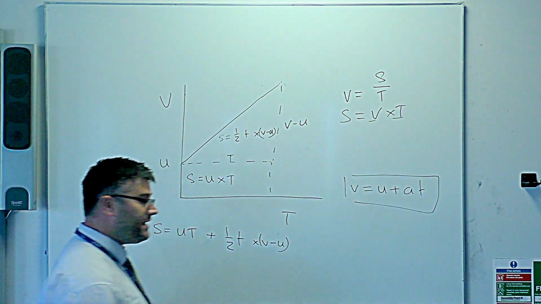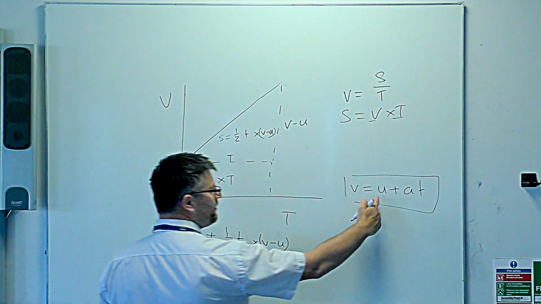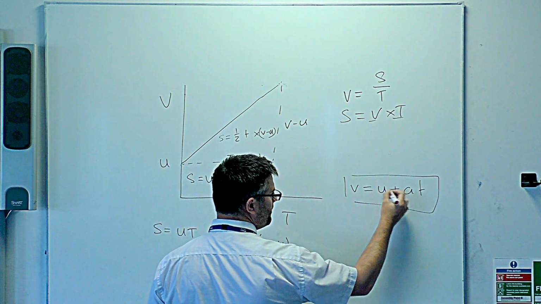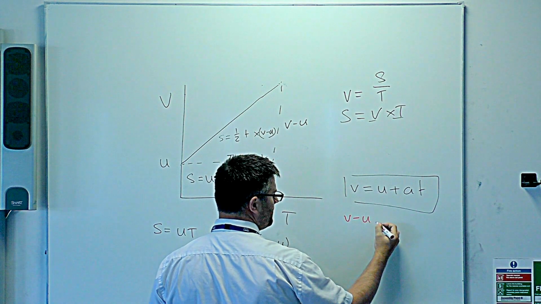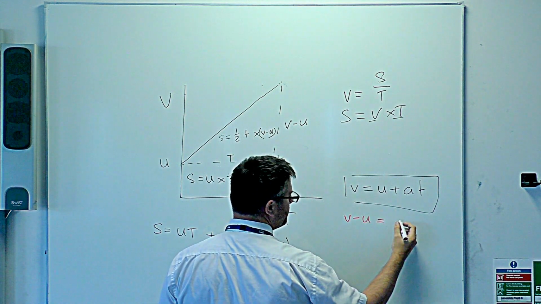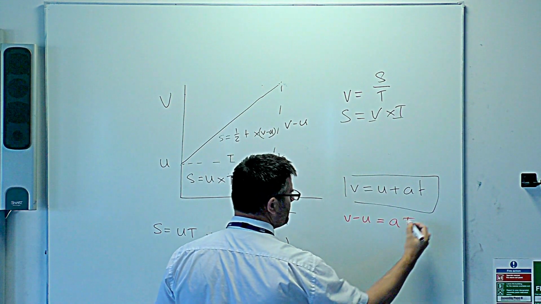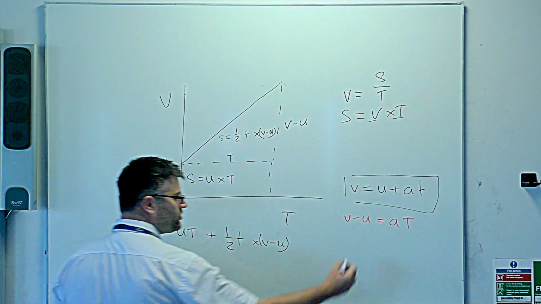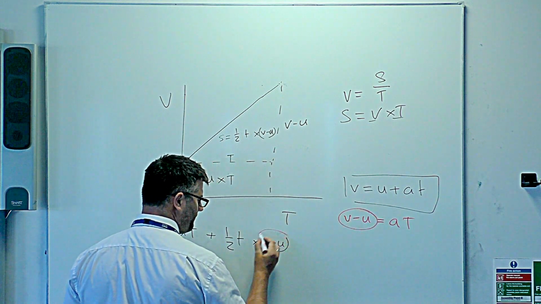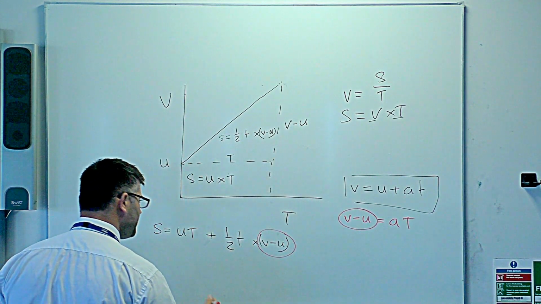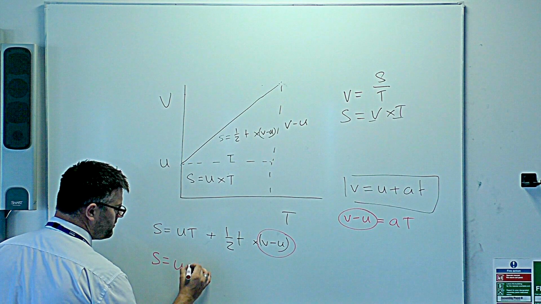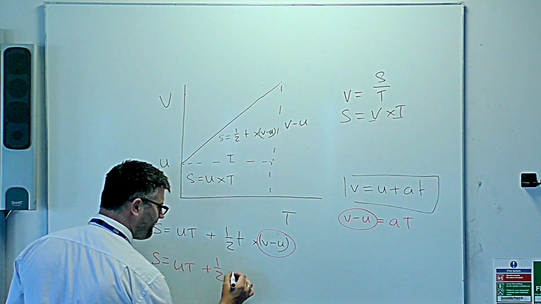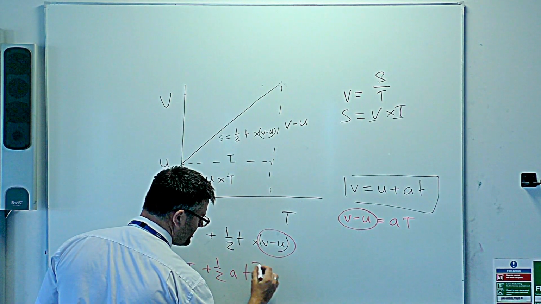I'm going to use a red pen now. If we rearrange this equation to v minus u is equal to at, hopefully you can see how I've done that, then you should be able to see that we can replace v minus u, and we end up with ut plus a half a t squared.